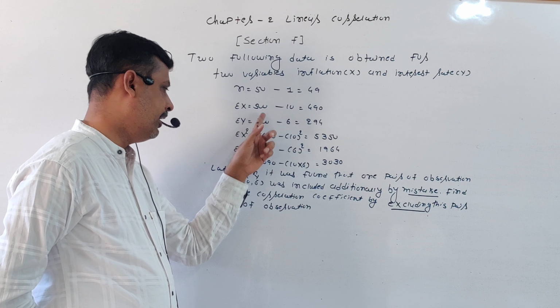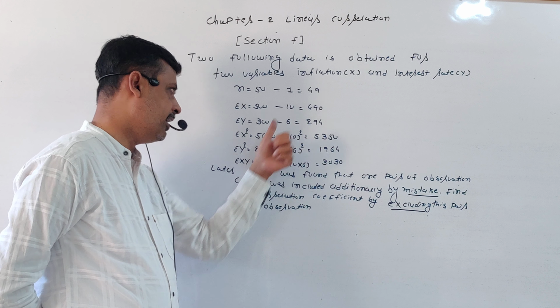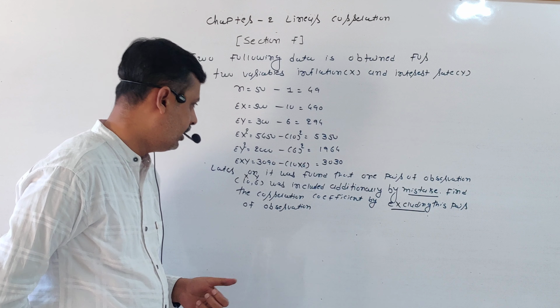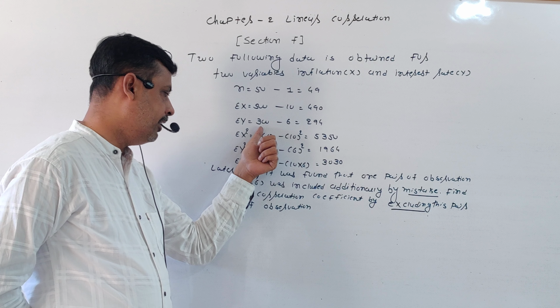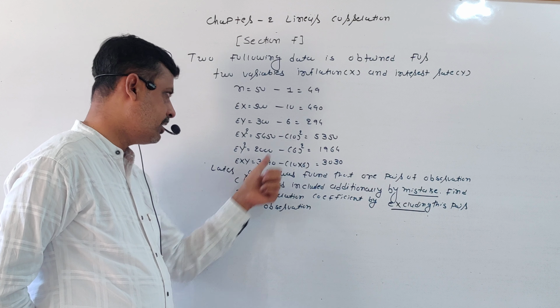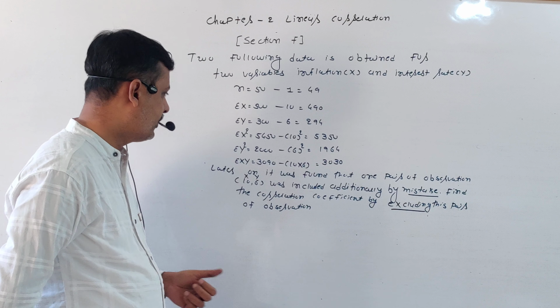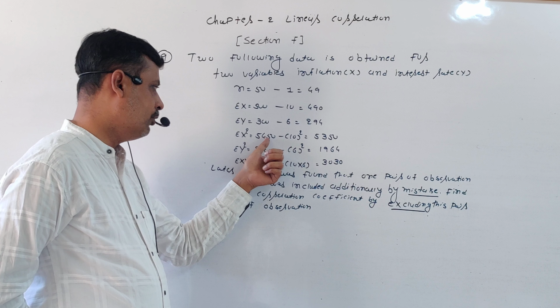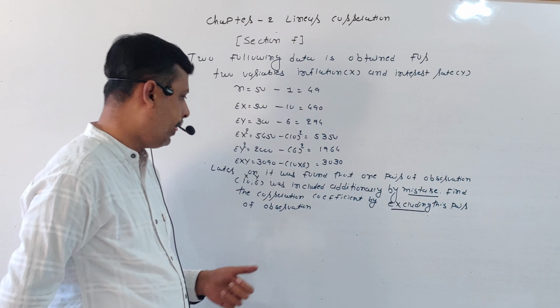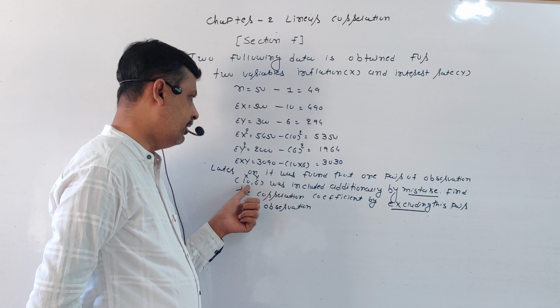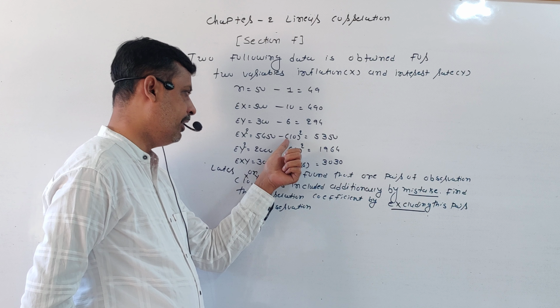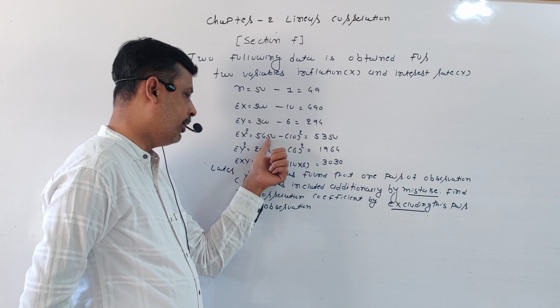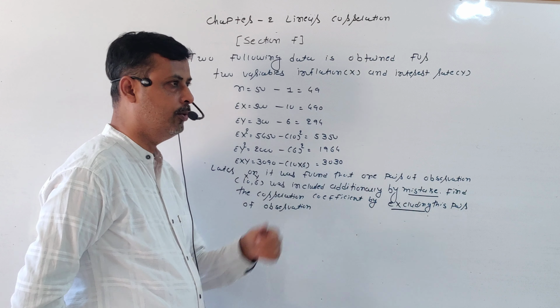So out of 50 observations, one pair is wrong, so we deduct and get 49. Sigma x is 500 minus the wrongly taken x 10, that is 490. Sigma y is 300, y wrongly taken is 6, so 294. Sigma x square is 5450, x wrongly taken is 10, so 10 square is 100, and 5450 minus 100 becomes 5350.